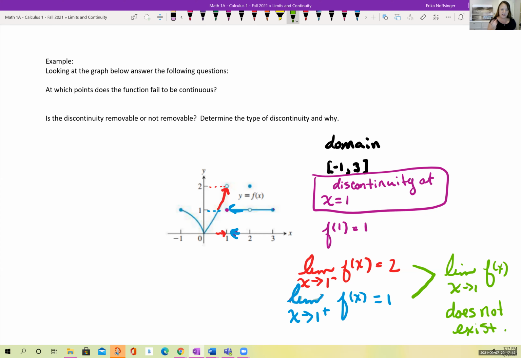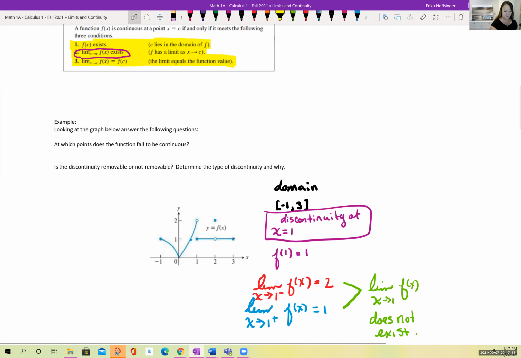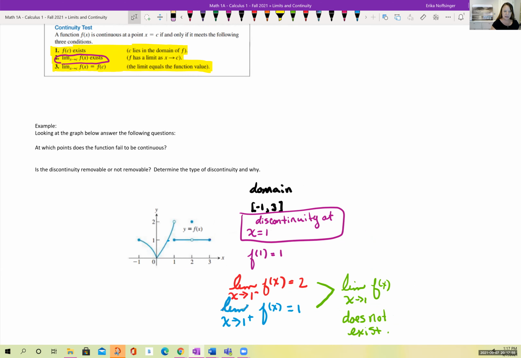And so right there, that shows me that step 2 that I had to show, in this case, so it's defined as step 2, that the limit doesn't exist, so it can't be continuous.